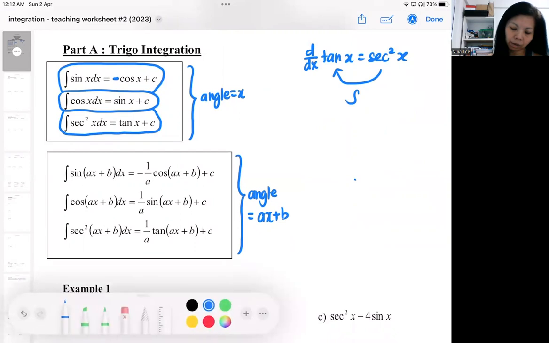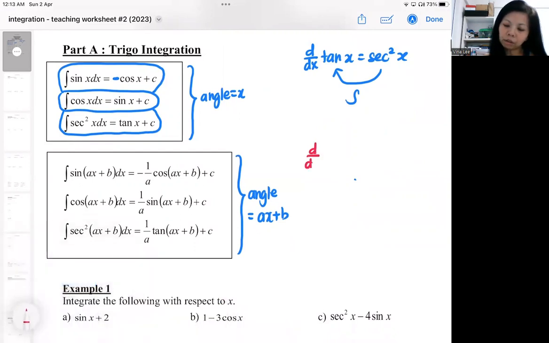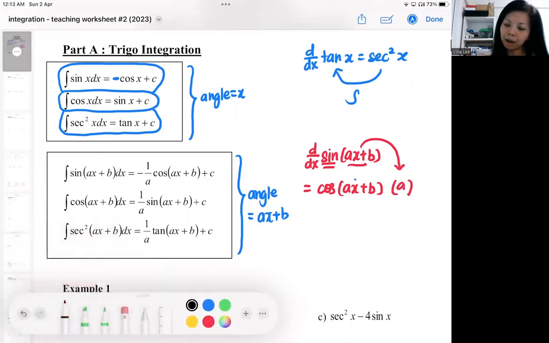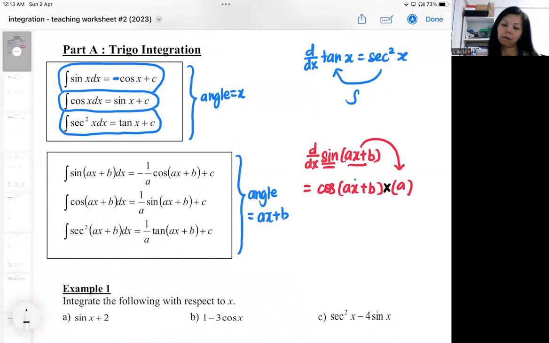Okay, and then if you recall, when you try to differentiate sine of (ax plus b), do you recall the process? You differentiate the function first, and then you differentiate the angle. So when you do this, you actually multiply by a, and a is your coefficient of x.